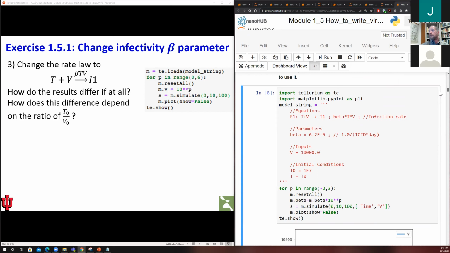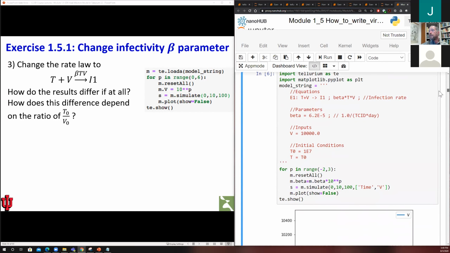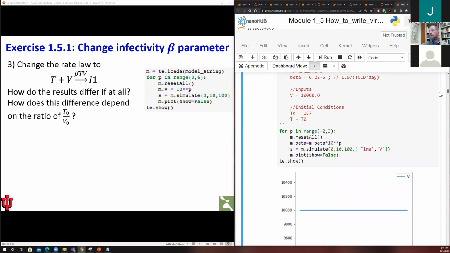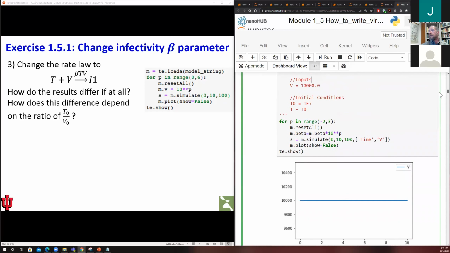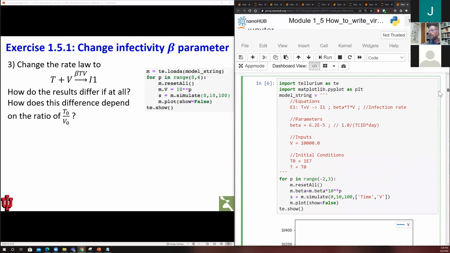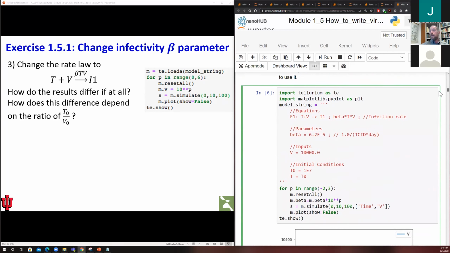Beta times 2 to the P, plus I1. Initial amount of virus is 10,000. And here it stays constant. Well, I got something I didn't expect. I hadn't tried this one out. I had set it up for us to do together.